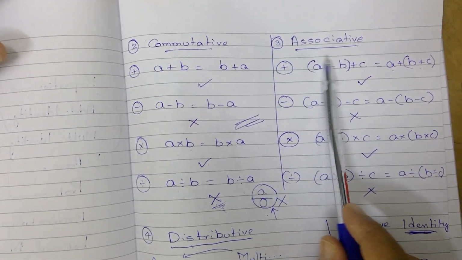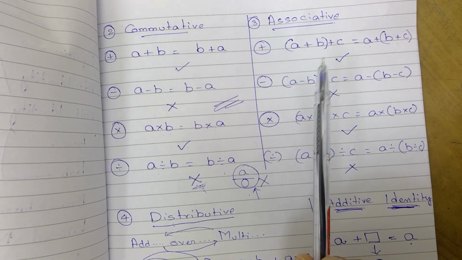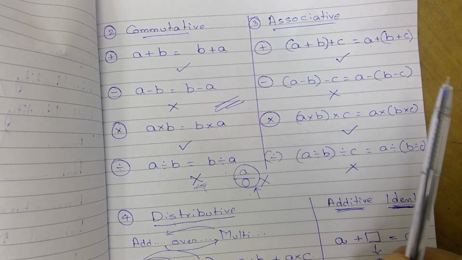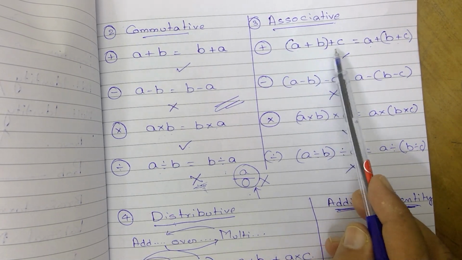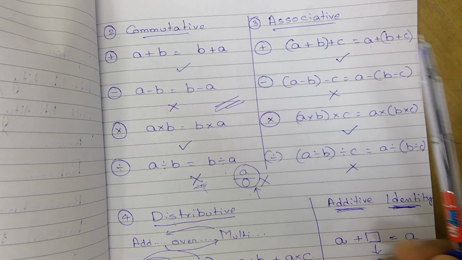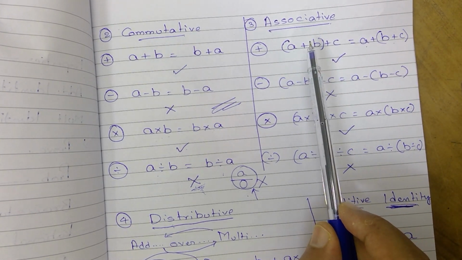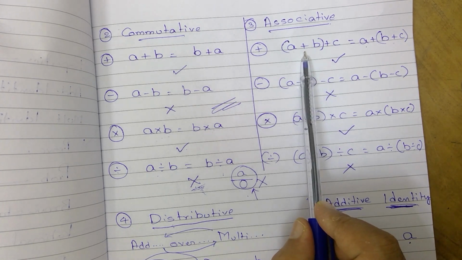Now associative property, this property is mainly for operating more than two rational numbers. So here we take 3, but it can be 4, 5, whatever it is. But what is the concept of this property? Operating rational numbers in different groups.